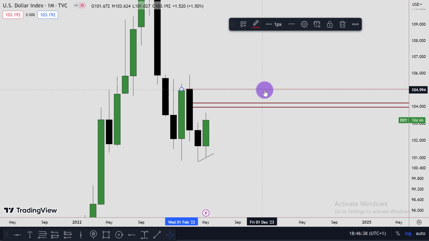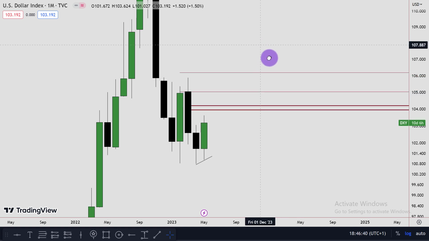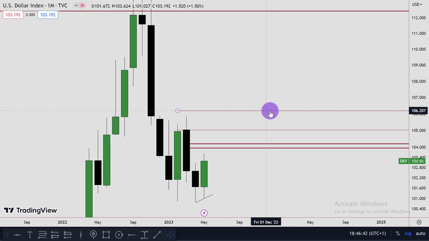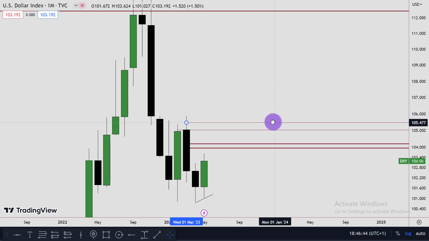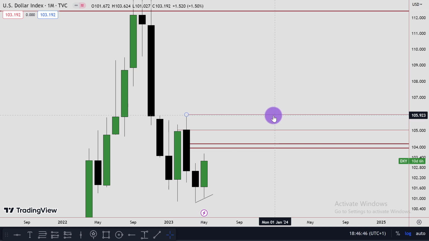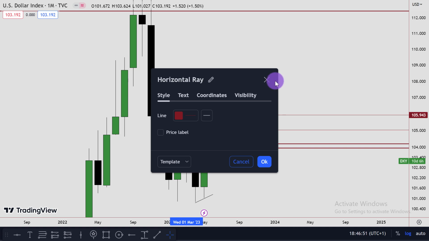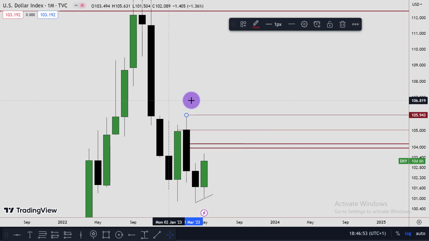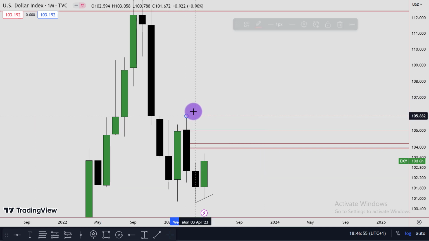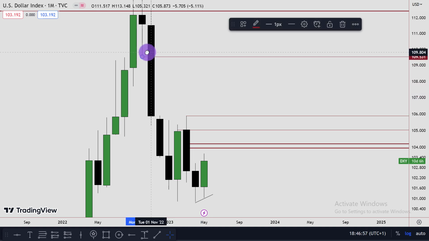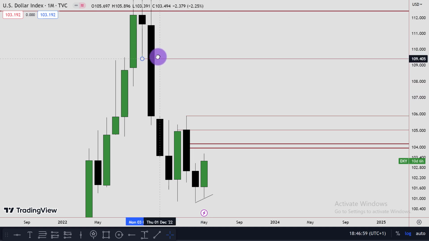Okay, then we have a sell side imbalance and a buy side inefficiency. That old high there is a buy side liquidity pool residing above it, and the imbalance above it, that's the draw on liquidity. You can see that, right?